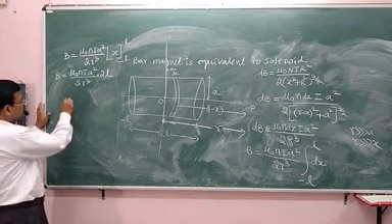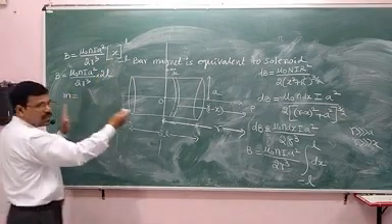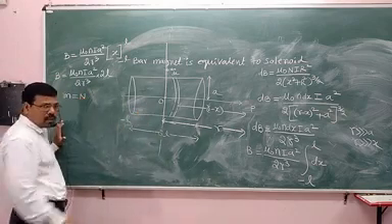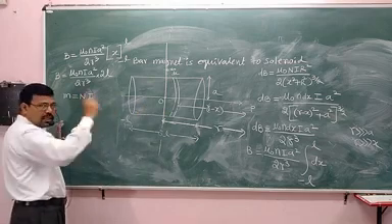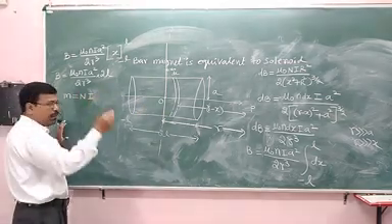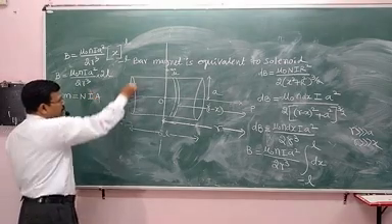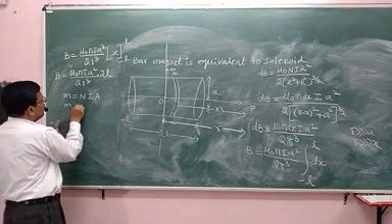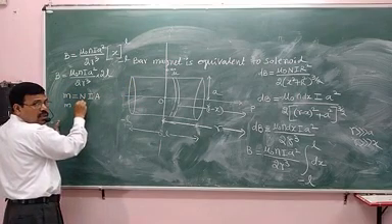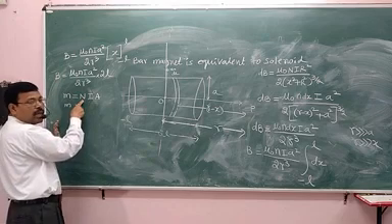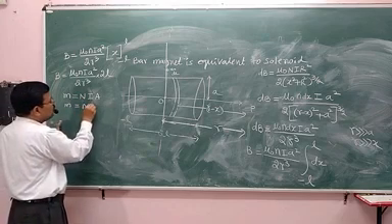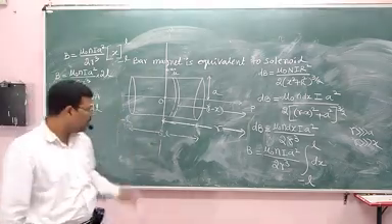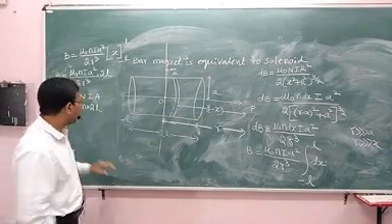But as we know, the magnetic moment of this solenoid is equal to total number of turns in the solenoid, current through each turn, into area of this coil, cross section area. So this M is equal to total number of turns, which we write as small n into 2L, number of turns per unit length into total length of the solenoid.